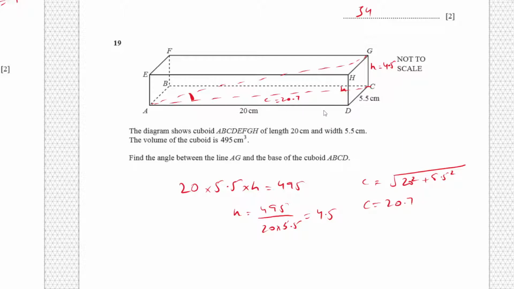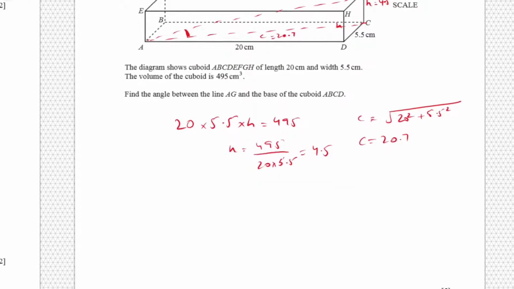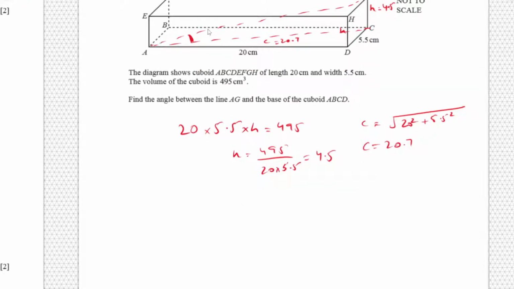Now, of course, that's obviously not the final answer. For the final answer, let's call this x. To find the angle x, we're going to use SOHCAHTOA. Which one works here? What's the information provided to us? We have the opposite and we have the adjacent. Which one works here? Tan, right? TOA, if you remember SOHCAHTOA.